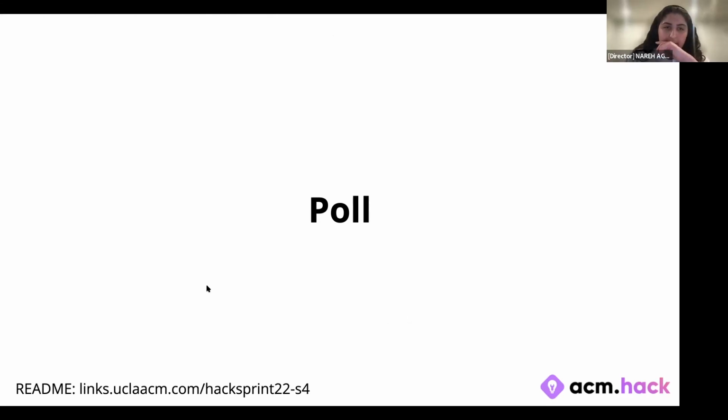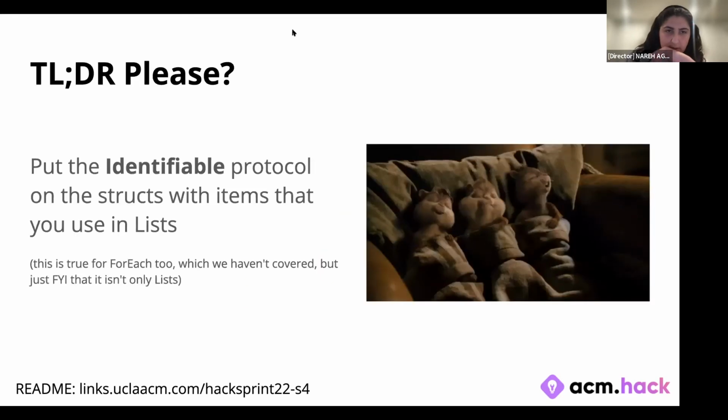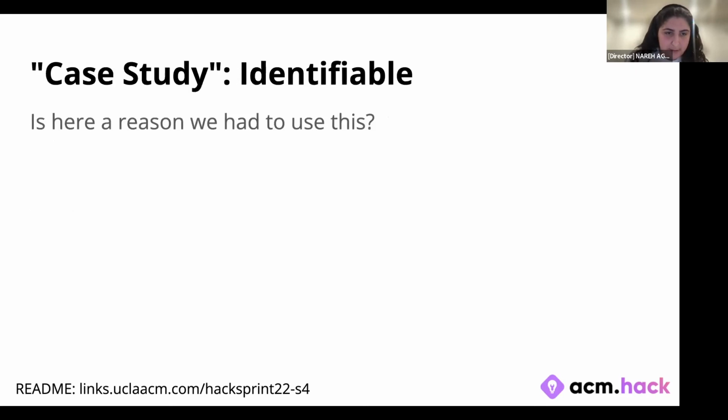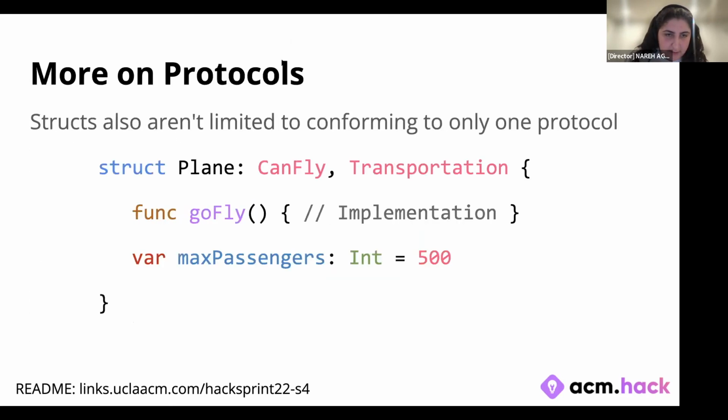If we go back a couple slides, we see that the plain struct can conform to two different protocols, and all it has to do is implement both of the blueprinted functions and variables from each of them. Sorry, the answer is false: each struct can conform to more than one protocol.